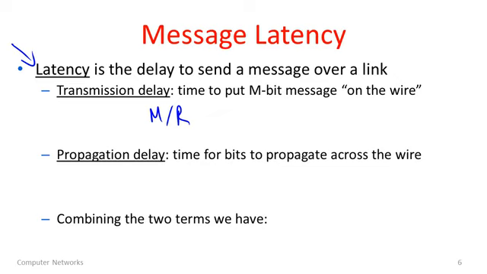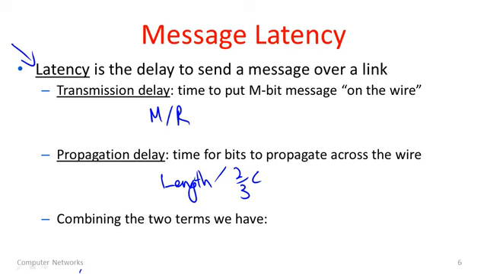Once bits get onto the wire, they have to go from the beginning, where they just entered the wire, to the other side. It takes a finite amount of time for signals to propagate down the wire, which is related to the length. In fact, the propagation delay is given by the length divided by the speed at which signals propagate in the media. For most wires and fiber optic media, 2/3 of the speed of light is a good example.